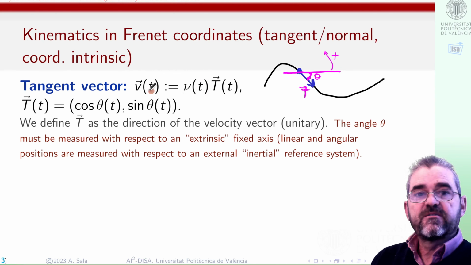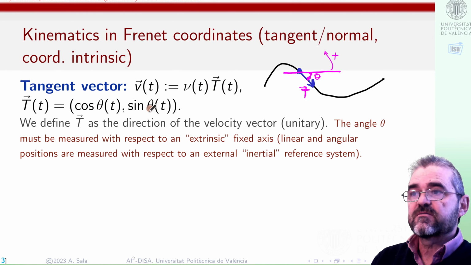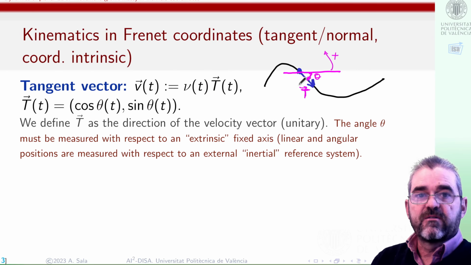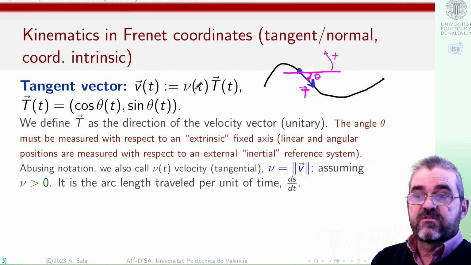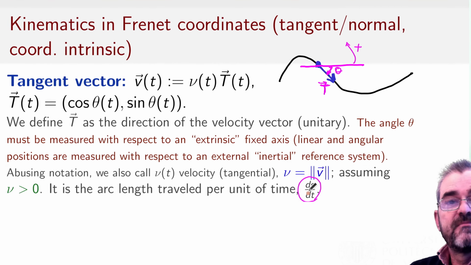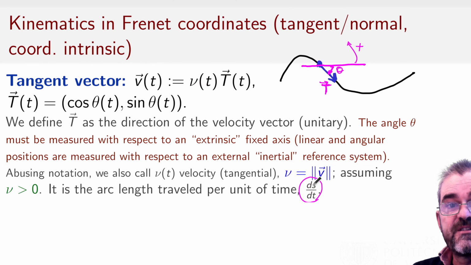So the velocity vector will be the modulus times a unit vector T, whose components will be cosine and sine of this angle theta, the angle that the trajectory is making with respect to a north-south, let's say, reference axis. Nu, the modulus of the speed, is also named the speed along the trajectory, the arc length traveled per unit time in the geometry of curves. We will assume positive speed.